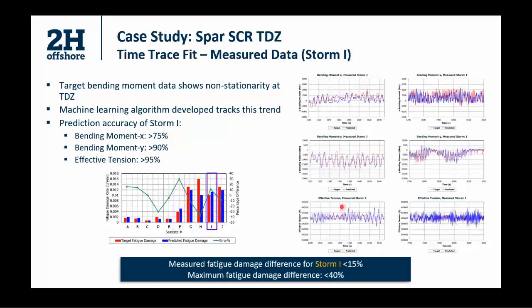A third storm, which is storm I, we basically see a measured fatigue damage difference of less than 15%, and again here the first order track is maintained, while you basically see quite a bit of non-stationarity overall in the actual response characteristic.